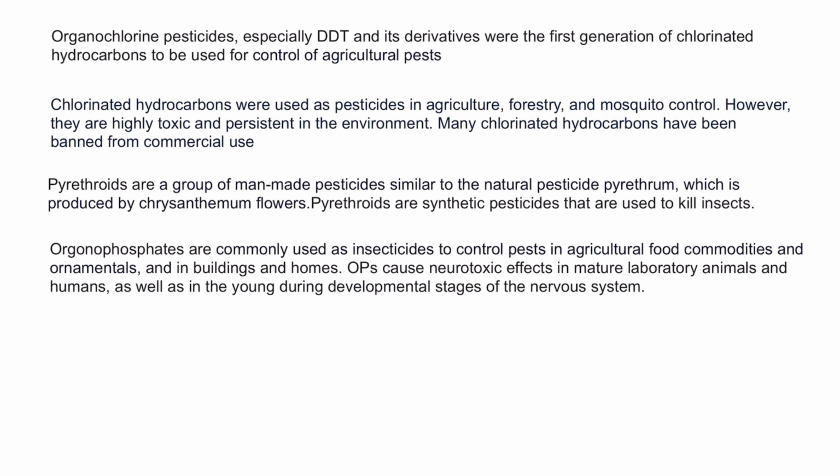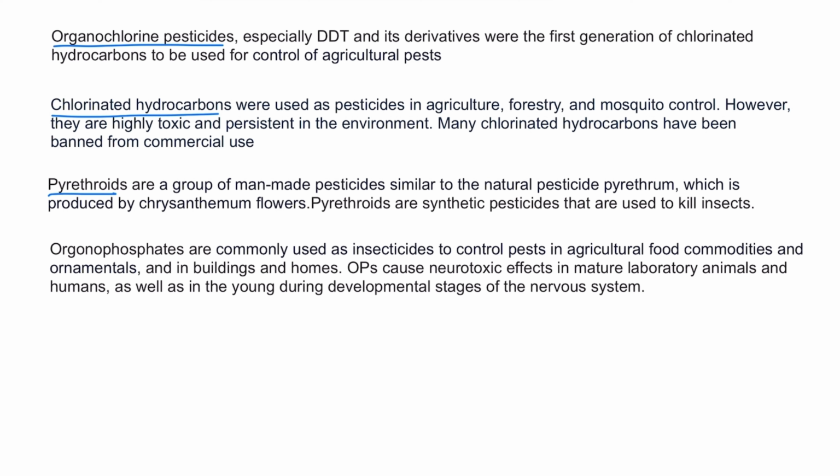Organochlorine pesticides, especially DDT, dichloro diphenyl trichloroethane. These are chemicals. DDT and its derivative are first generation of chlorinated hydrocarbons to be used for controlling agricultural pests. Next is pyrethroids, man-made.